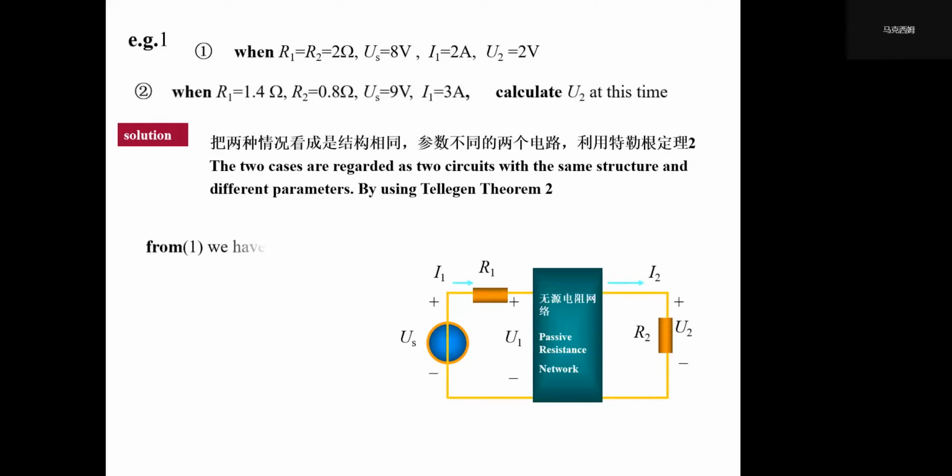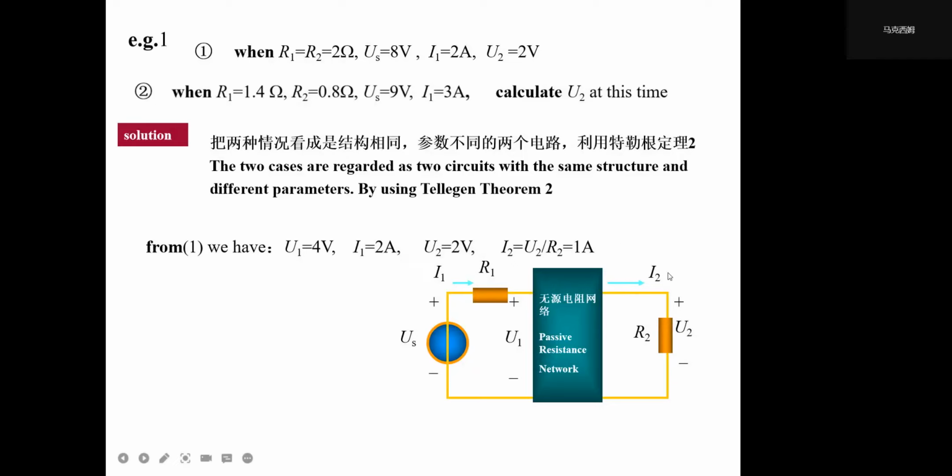So we consider those two cases to be two circuits with the same structure and different parameters. So we can use the second expression of the Tellegen theorem. So from the first case we have u1 equals 4, I1 equals 2, u2 equals 2, I2 equals u2 over R2, which is 1 ampere, right?